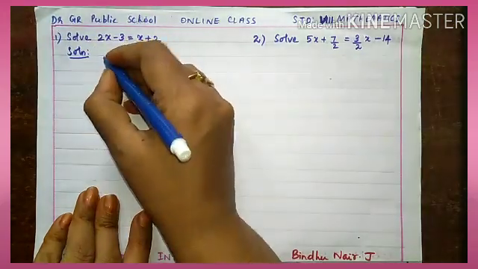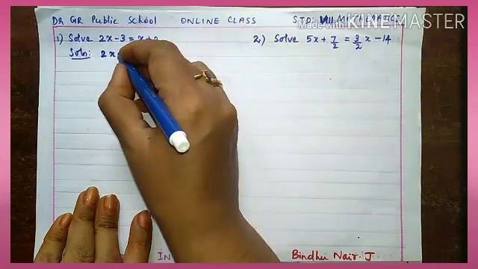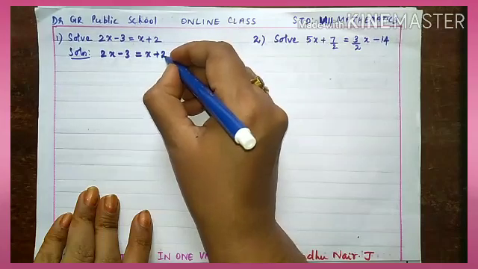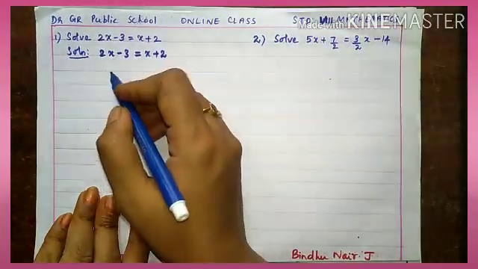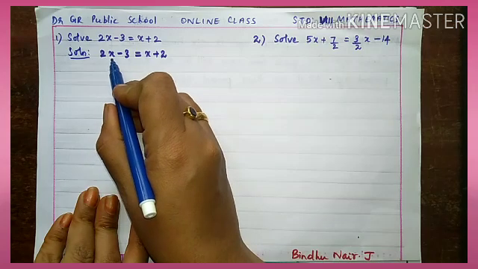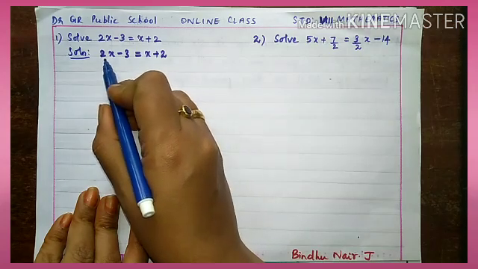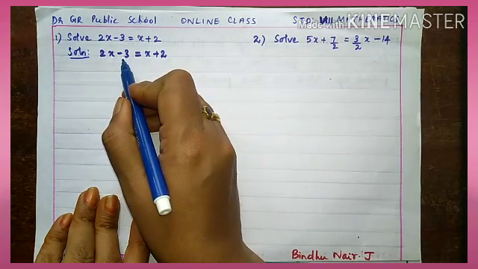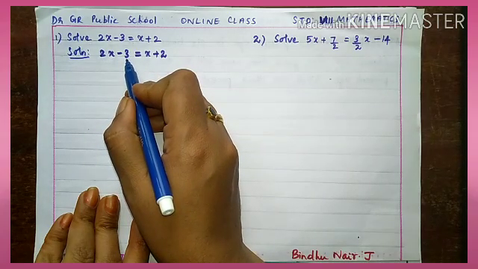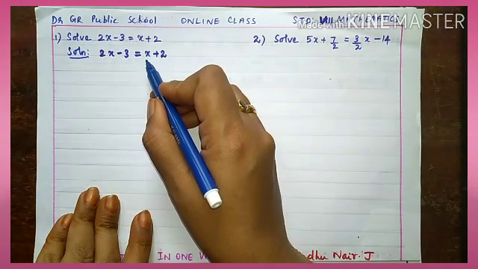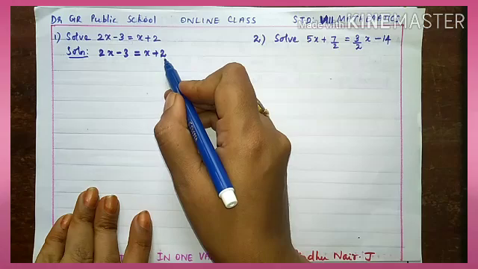We write the equation once again: 2x minus 3 equal to x plus 2. On the LHS there are two terms, 2x and minus 3. 2x is the variable term and minus 3 is the constant term. Similarly, on the right side, x is the variable term and 2 is the constant term.